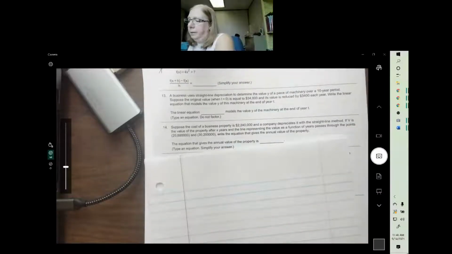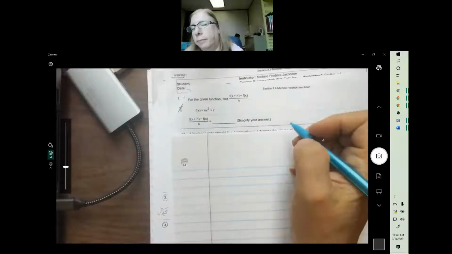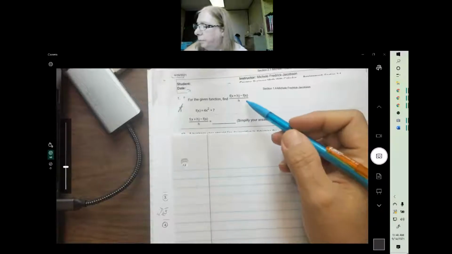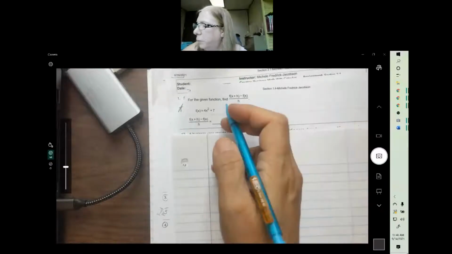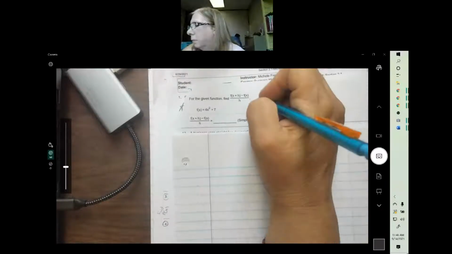Okay, this one again is on the take-home part. This is the difference quotient.